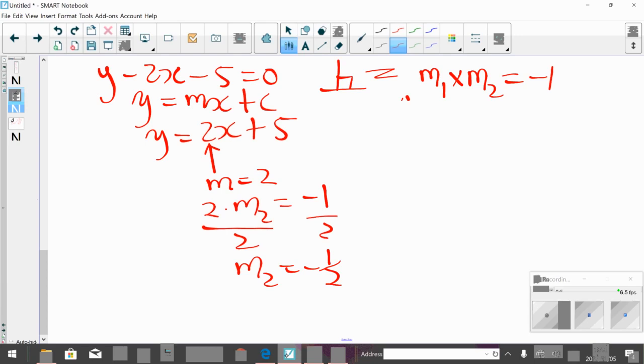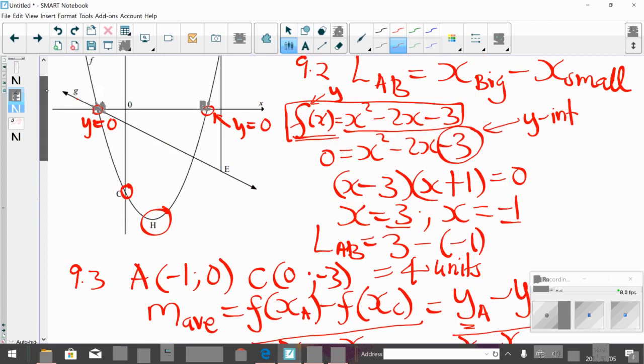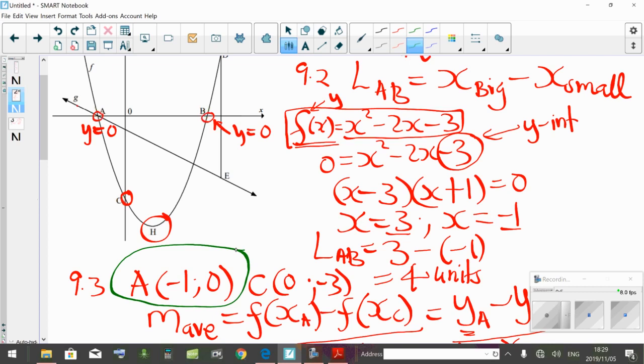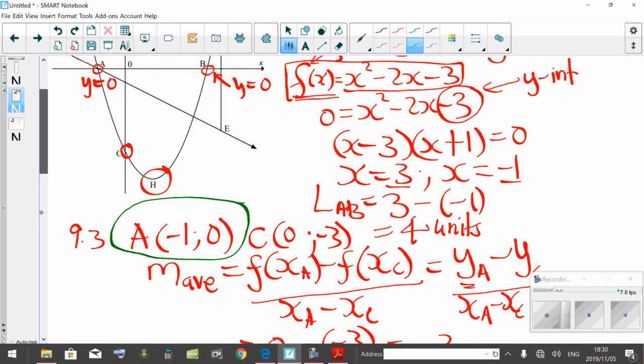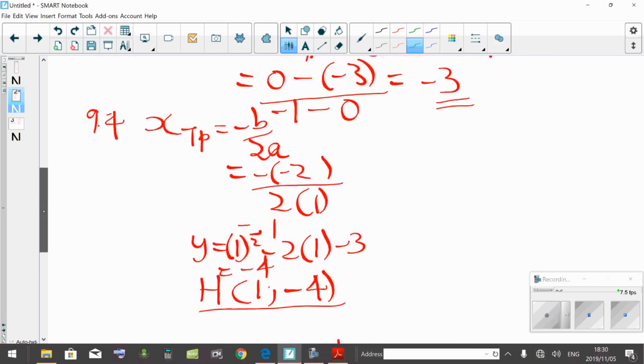Now we need a second point, and let's check. From our graph, we can see that G passes through A, and we already calculated the coordinates of A, so we're going to use them to find the y-intercept.